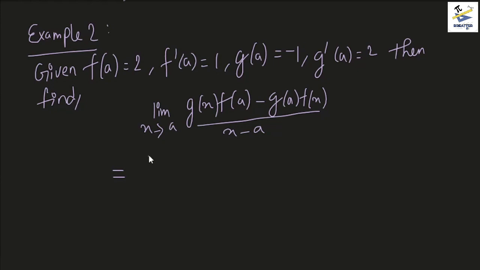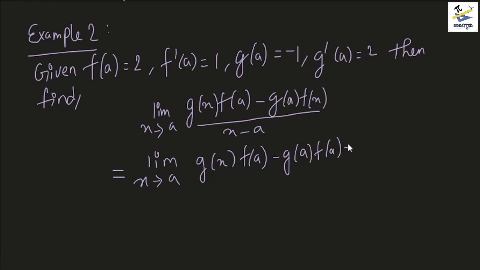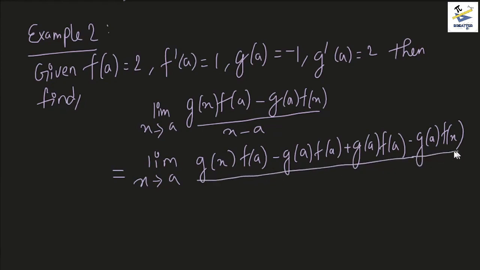Now the limit as x tends to a of g(x) into f(a) minus g(a) into f(x). What we are going to do here is something like this. We are going to add and subtract g(a) f(a), minus g(a) into f(x), and we are going to draw a line x minus a.